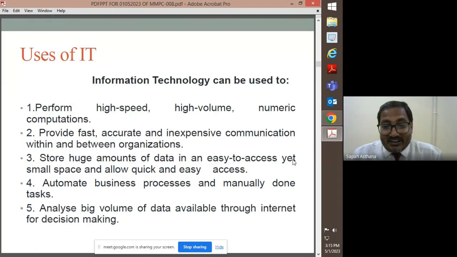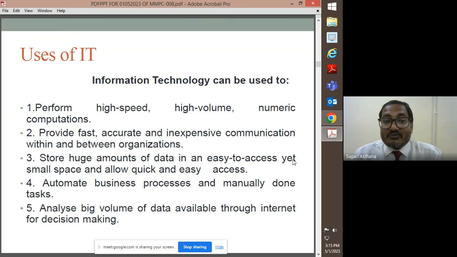Nowadays, every organization and every firm establishes an IT department. Maybe the size is small, medium, or big, but an IT department is very necessary. What is the function of the IT department?